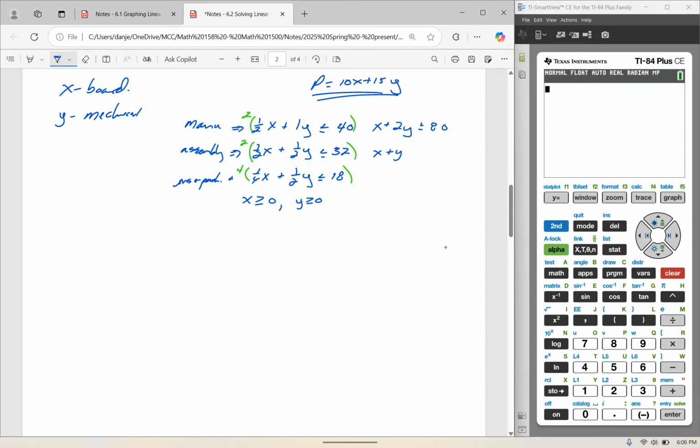X plus y is less than or equal to 64. X plus 2y is less than or equal to 18 times 4, which is 72. And then again, x and y are both greater than or equal to 0. So these are my constraints. These are what I'm going to graph.